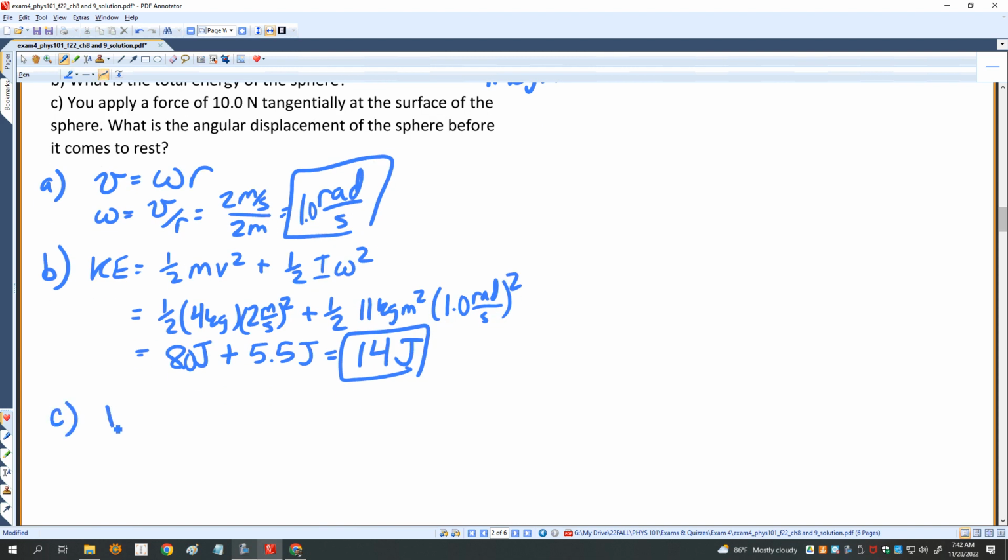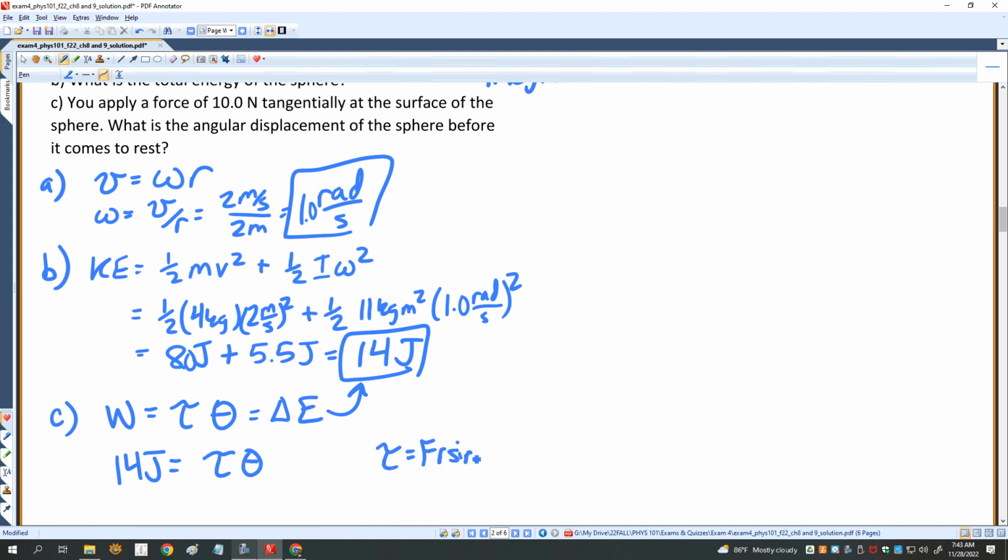Now remember that the work, previously we said that that was force times displacement, but when applied in a rotational frame, it's going to be equal to the torque times the displacement. Now, all this work has to cause a change in energy, and that change in energy will be that 14 joules. So I'll say that 14 joules is equal to the torque times the angular displacement. I can find that torque is just equal to Fr sine theta.